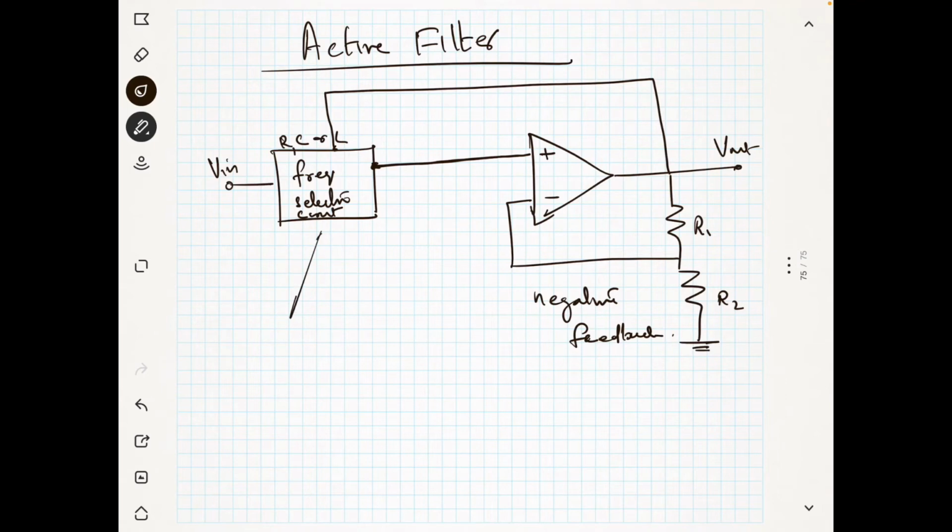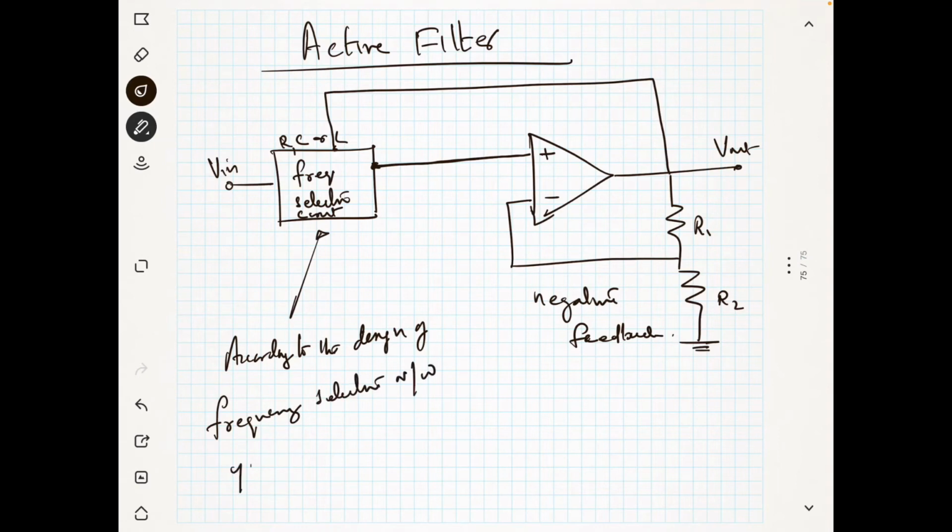According to the design of the frequency selective network, you can make a low pass filter, high pass filter, band pass filter, and band reject filter.